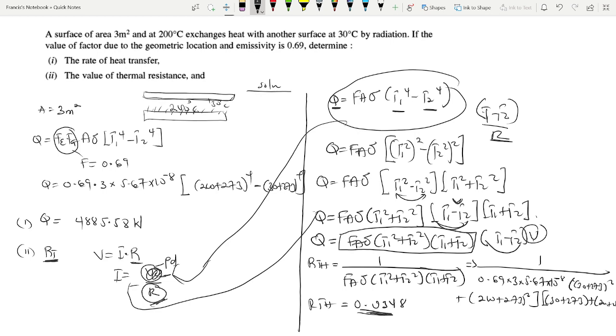For the units, you can just look at the formula and give the unit. F has no unit, our area is in meter squared, so per meter squared, and our temperature is in degrees Celsius. So this becomes our thermal resistance.